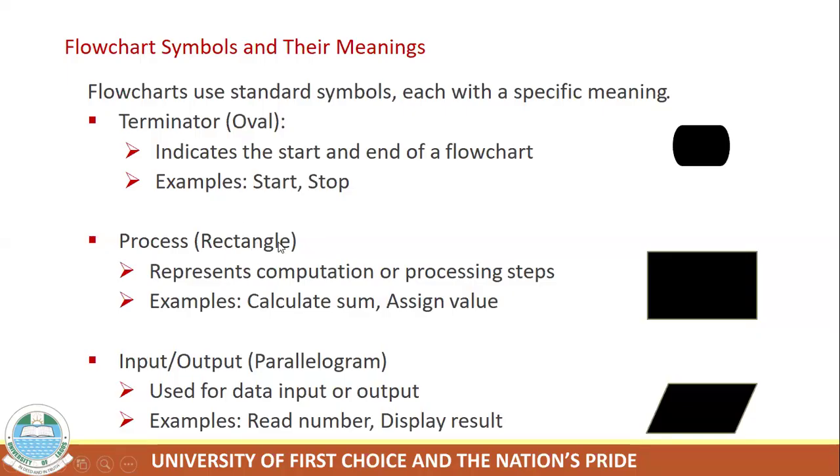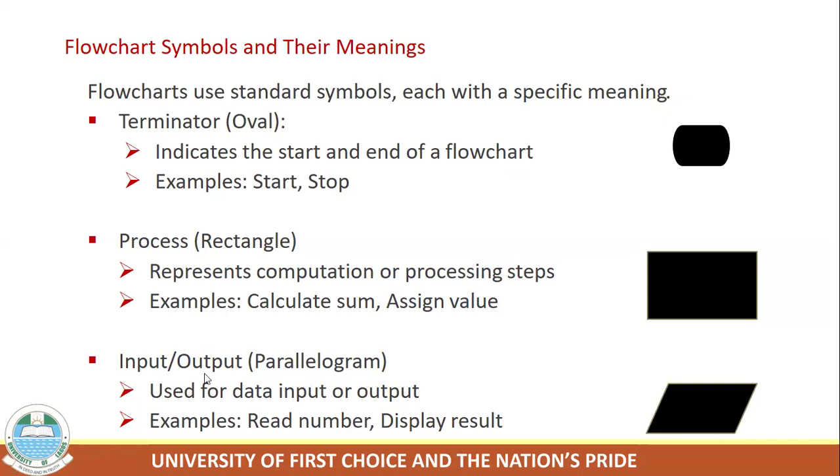It represents a computation and a processing step. For example, you want to calculate a sum, you want to assign a value, C equals A plus B, that's computation. So you use a rectangle.